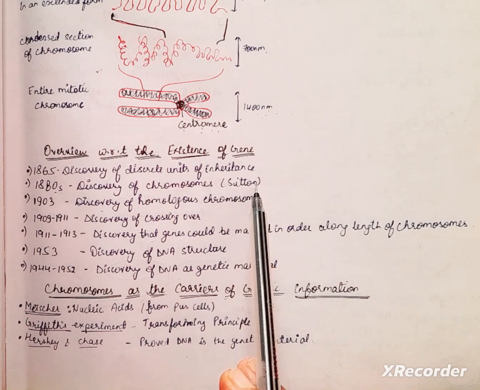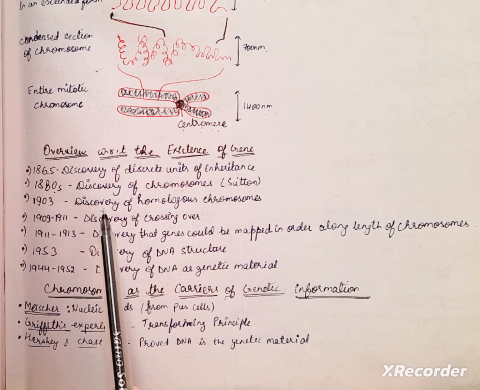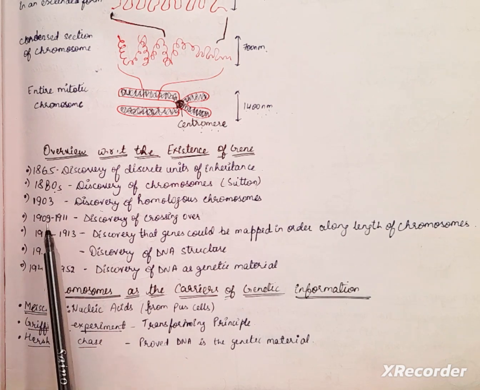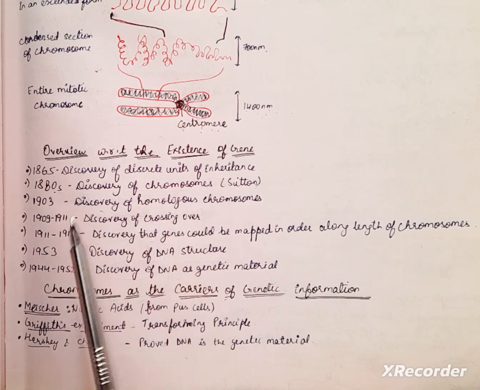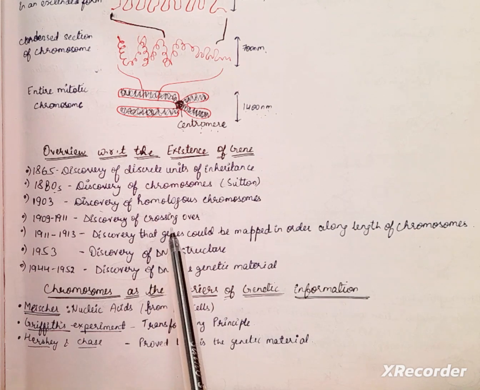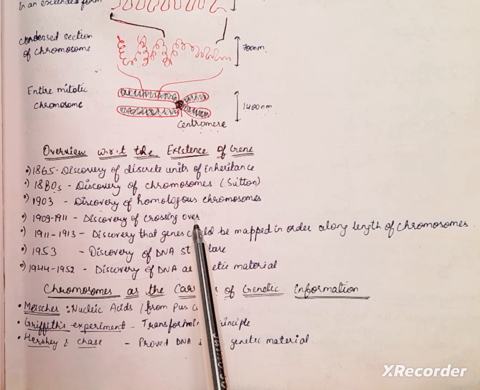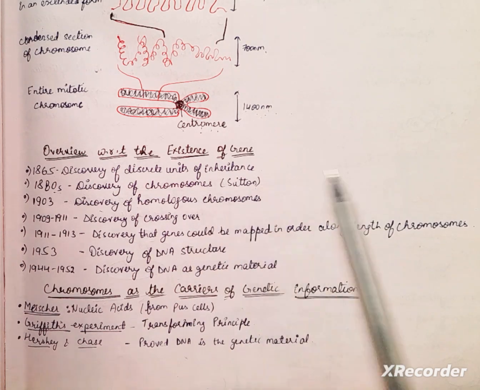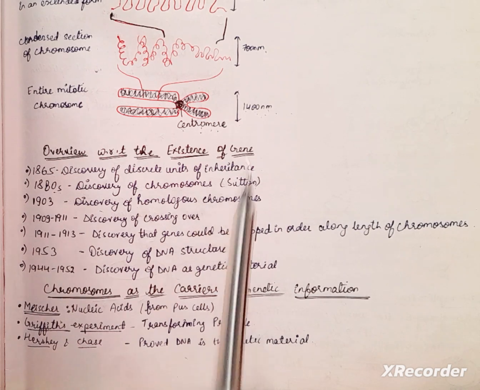In 1903, the homologous chromosome was discovered, and from 1909 to 1911, crossing over was discovered. Crossing over occurs during meiosis prophase, during pachytene, and is responsible for the exchange of genes between chromosomes.